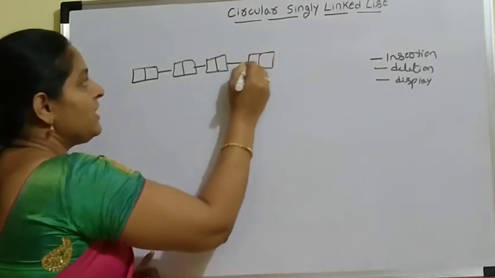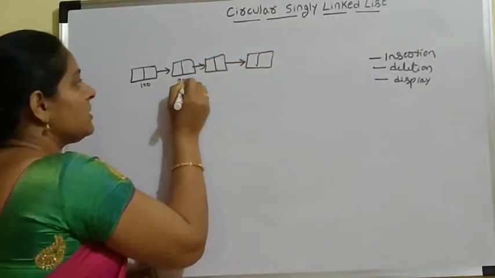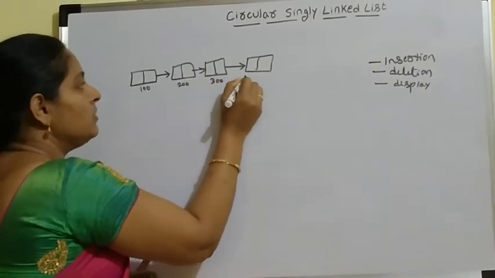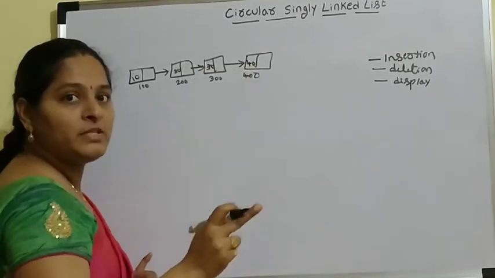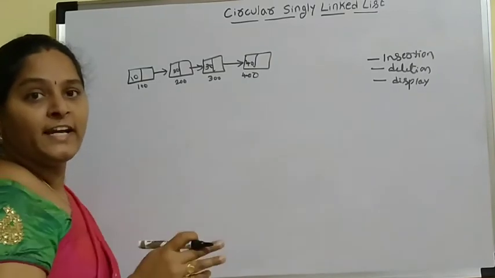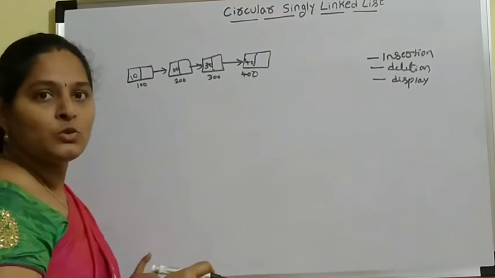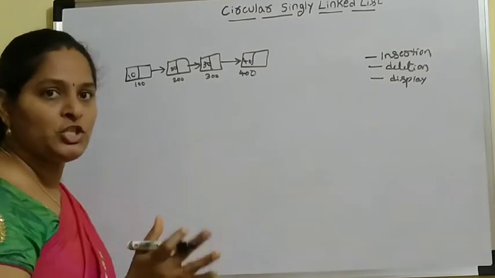Suppose you have 4 nodes in the list: first node, second node, third node, fourth node. Just for the example's sake, I am taking these addresses. In reality, we don't know where these nodes will be stored in memory. It may be stored at any position.